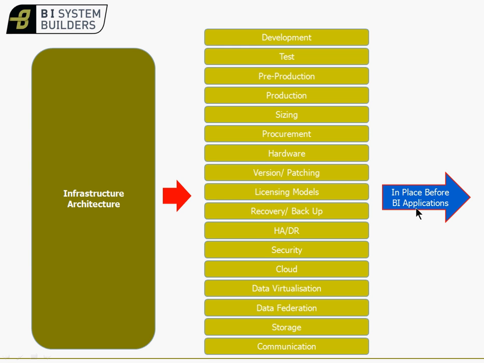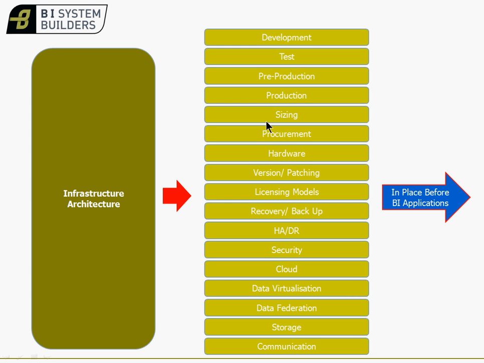Now look at the blue arrow on the right hand side. You have to have your infrastructure in place before you can install your BI application, so make sure it's the right infrastructure. Now it's quite usual, looking at the green list of components in the middle here, to have 4 environments. You may have sandboxes as well, I know that.